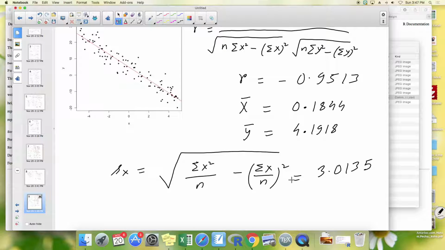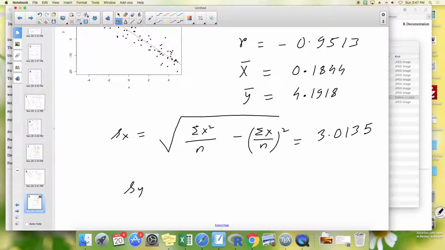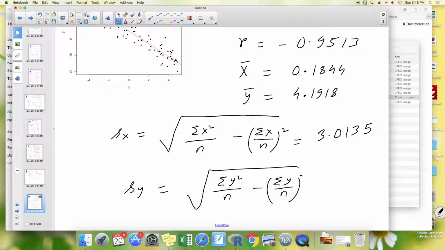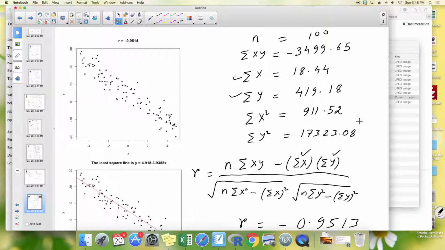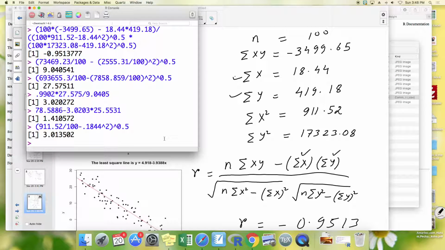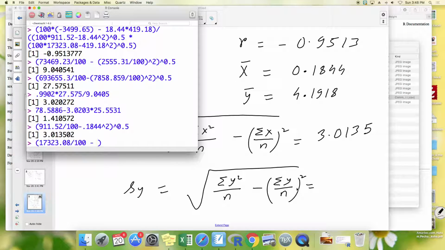Okay, similarly sy equals the square root of summation y square by n minus summation y by n whole square, which comes out to be, summation y square is this, so 17323.08 divided by n minus summation y by n whole square.